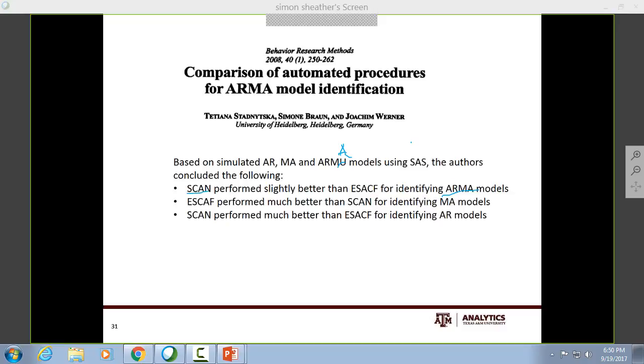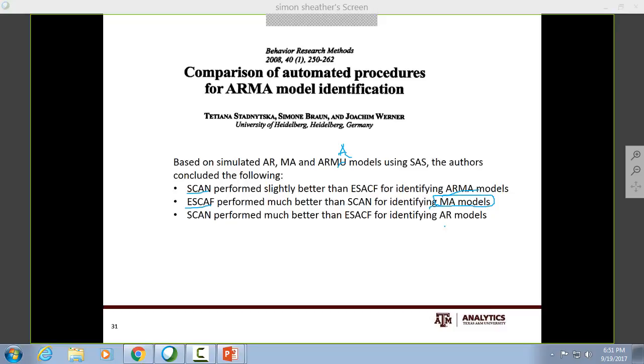Let's think about it. What SCAN does is look at eigenvalues for the whole matrix. It tries to find the AR and the MA pieces together. The ESACF partials out the AR part, and it turns out to work really well at finding the MA piece.